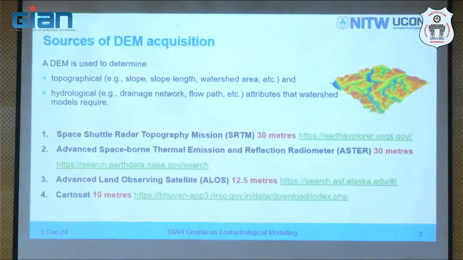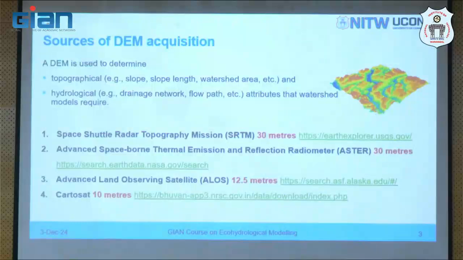So here are the four common sources that you might have come across for DEM. One is the SRTM 30 meter DEM. The second one is ASTER DEM 30 meter. All are openly available and globally available. The third one is ALOS DEM, and the fourth one is Cartosat DEM by Bhuvan.